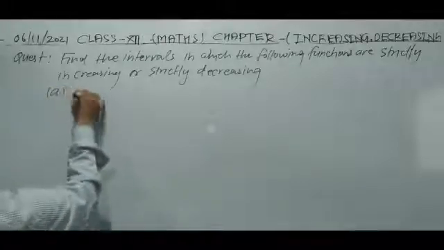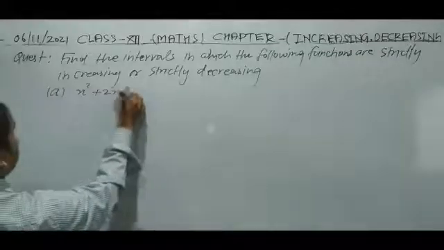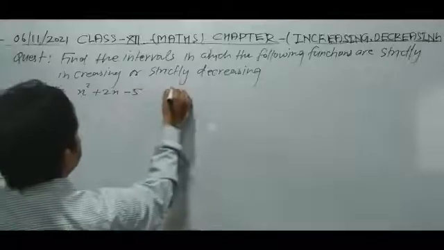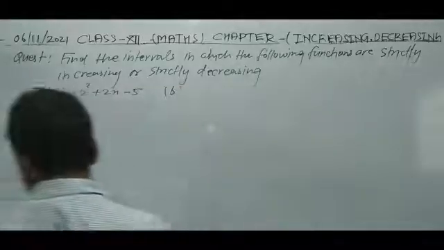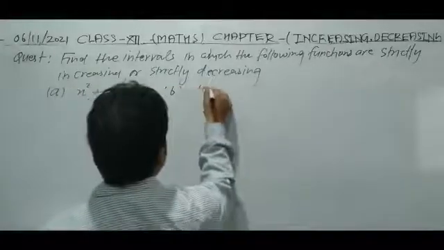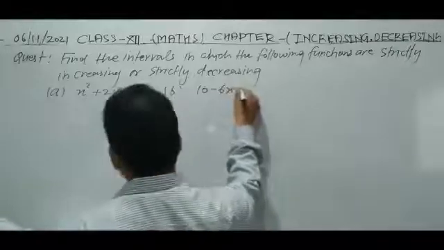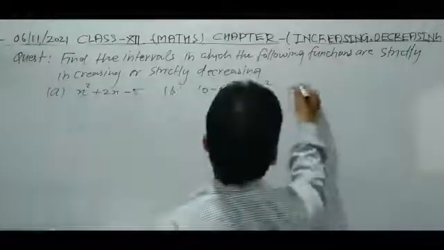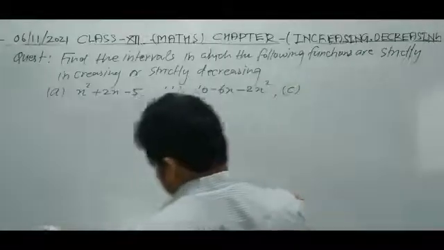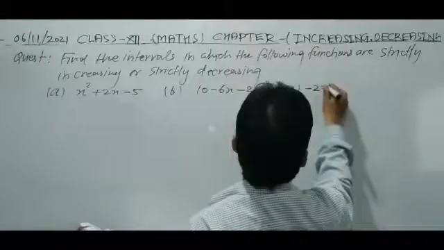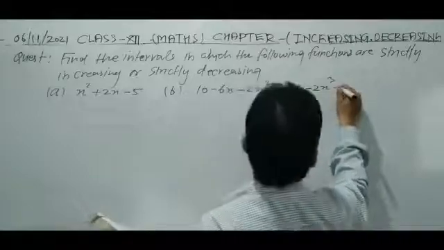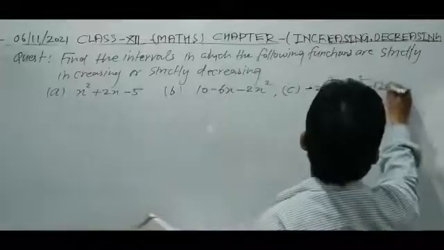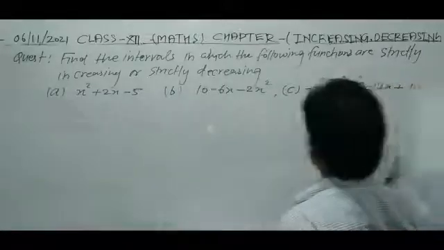So the first function is x square plus 2x minus 5, and the B question is 10 minus 6x minus 2x square, and the C part is minus 2x cube minus 9x square minus 12x plus 1.